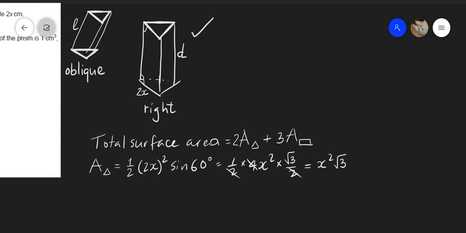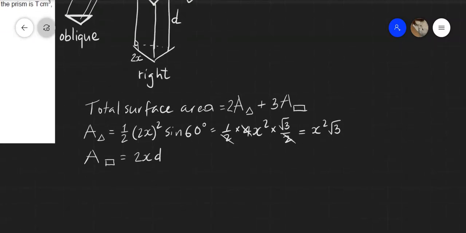So we need two of these, and the area of each rectangle is found by multiplying the sides 2x and d. So the total surface area T is therefore equal to 2x squared root 3 plus 3 times 2xd, that's 6xd.